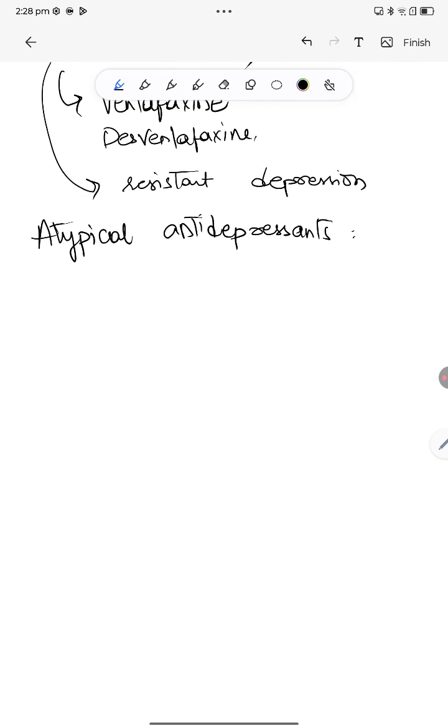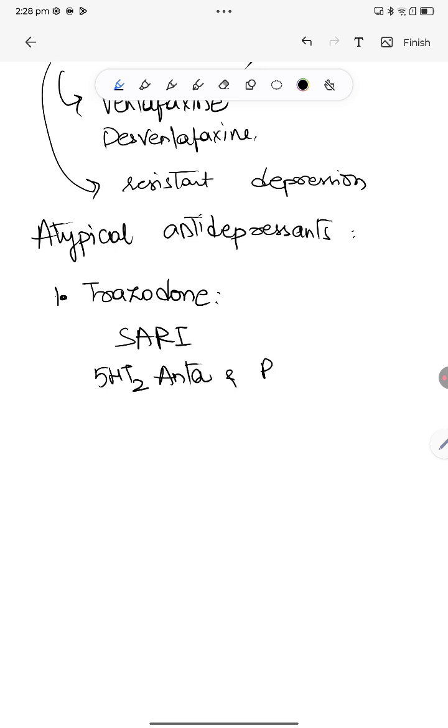One such is trazodone, which is basically a SARI. What I mean by that is it is a 5-HT2 serotonin antagonist as well as reuptake inhibitor. This is primarily used in the treatment of impotence with depression.